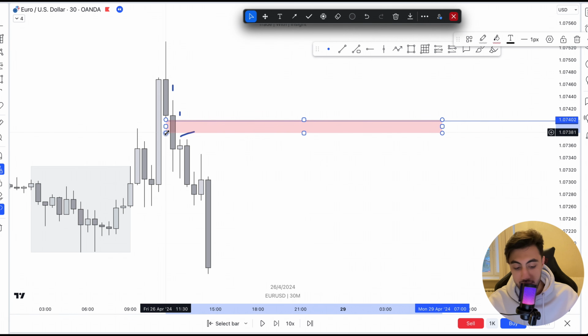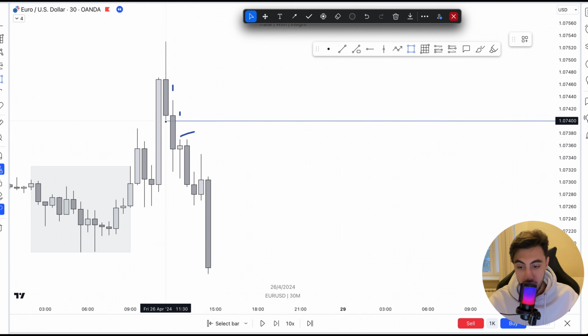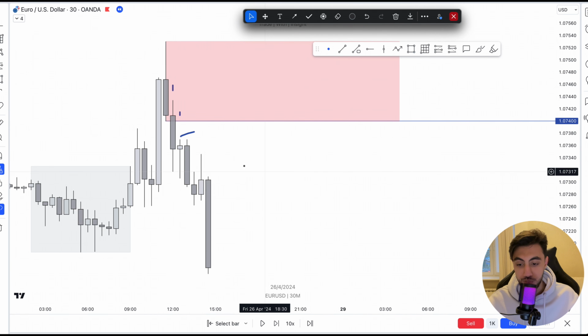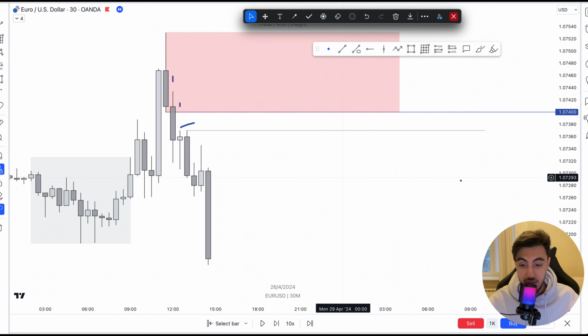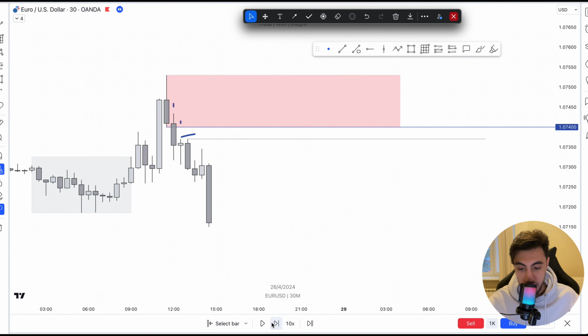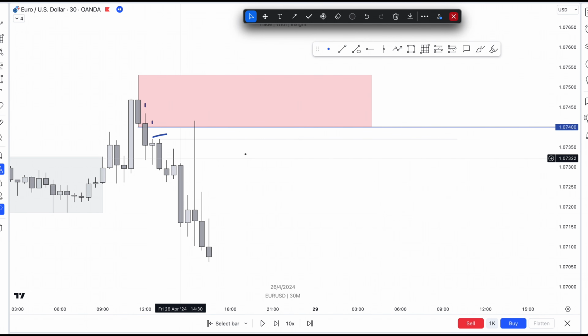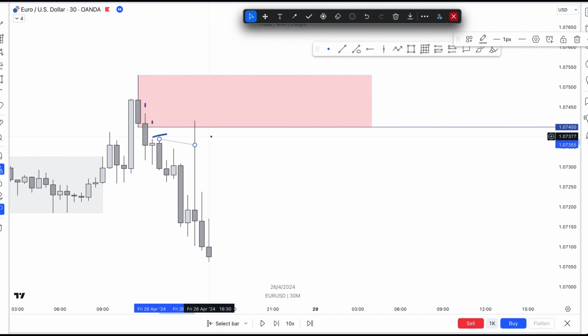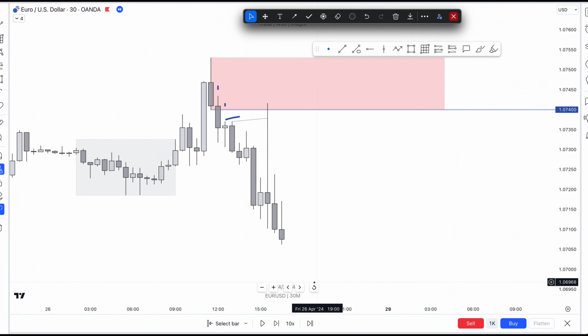So we are going to pay attention to anything here. And as you can see, price creates the liquidity here. That is a good sign. And what we can see is price takes the liquidity, fills the imbalance, and starts to reverse and go for other liquidity.